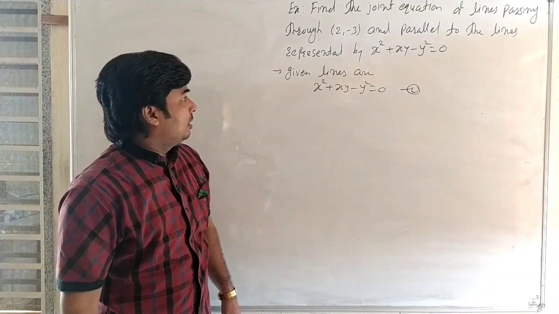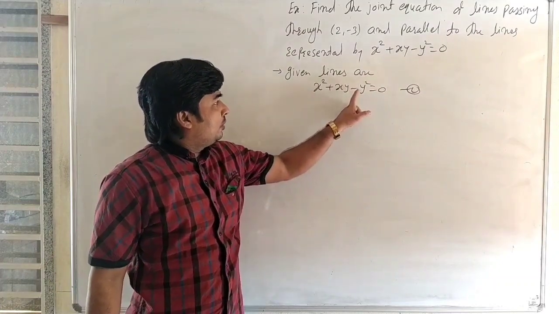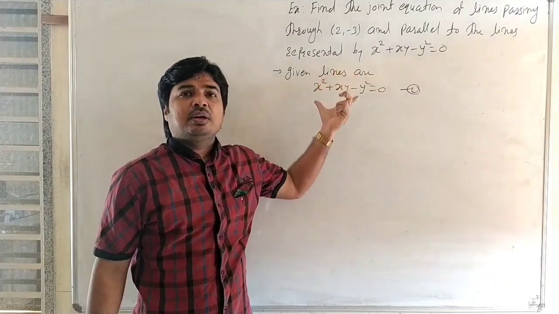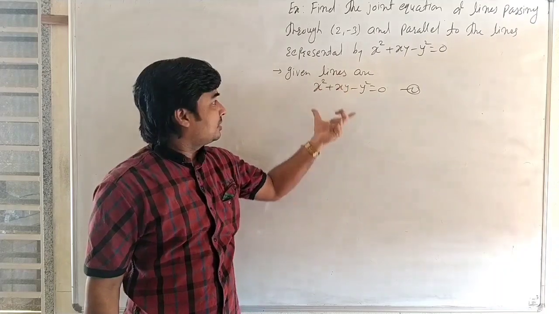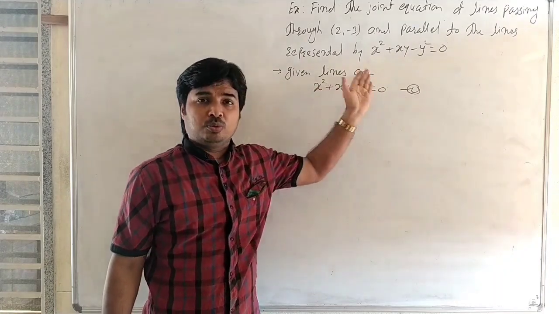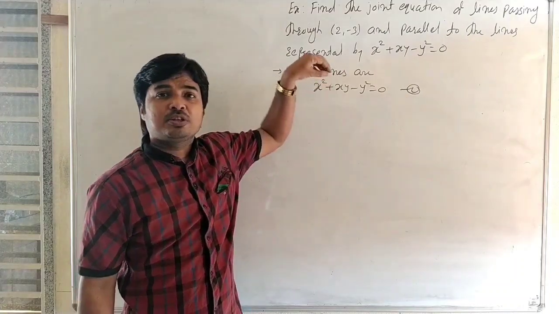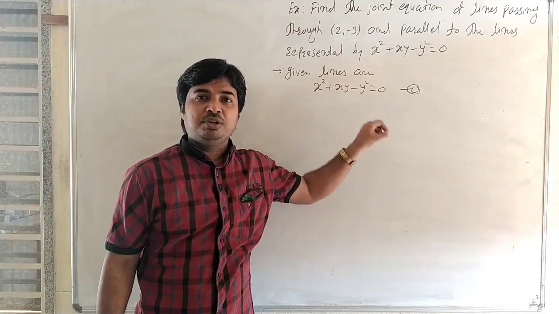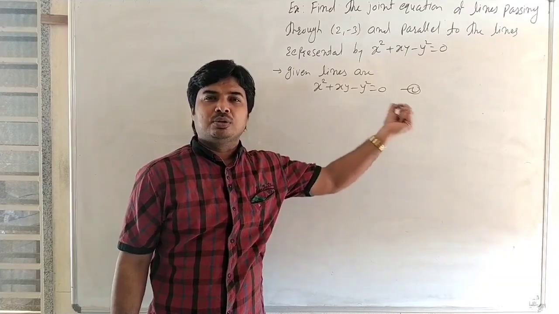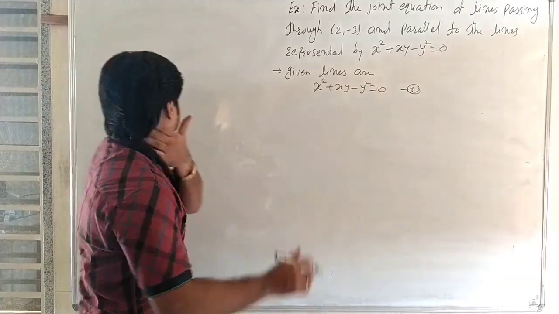Now, here we cannot separate by using factors. For separation we use the formula for the separate equations: h plus or minus under root h square minus ab into x plus by equal to 0 are the separate equations of these lines.